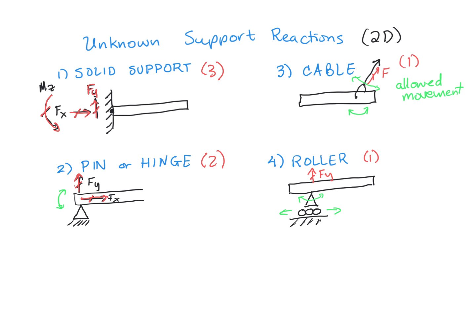Like you might have microtubules with actin filaments attached that act like a cable, or joints in bones in orthopedic biomechanics often act as pins or hinges. And something that can slide along a surface without friction looks like a roller, even if there's nothing that's actually rolling. And solid supports are all sorts of things that hold it firm.